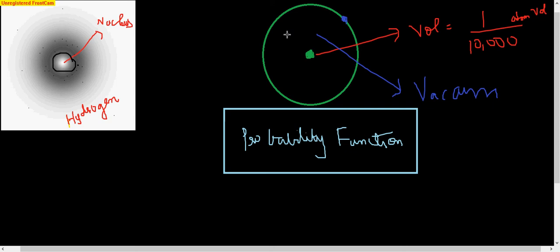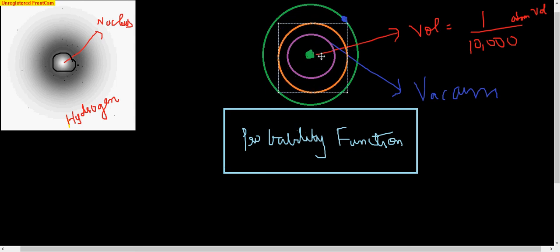I'll draw one more orbit over here, and another one over here. Now suppose I have electrons over these orbits. Suppose I have one over here and some over here. I'm not taking the octet rule or anything, I'm just simply putting some electrons.